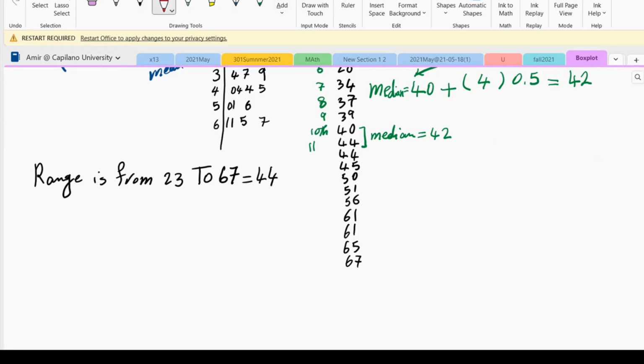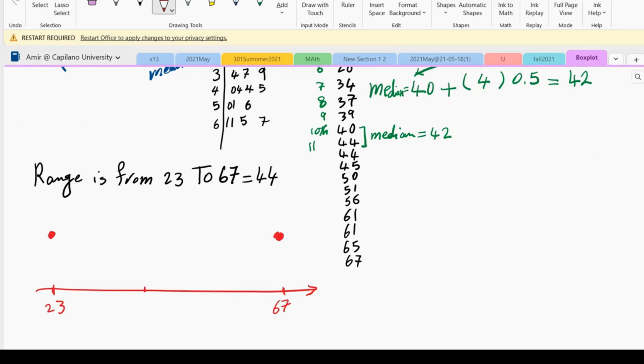We use an x-axis, and on the x-axis we identify the smallest number, which is 23, and the biggest number, which is 67, and we identify those as two major points, the beginning and the end of the range of our data. And then we know that the central tendency is 42. In the exam you need a ruler.